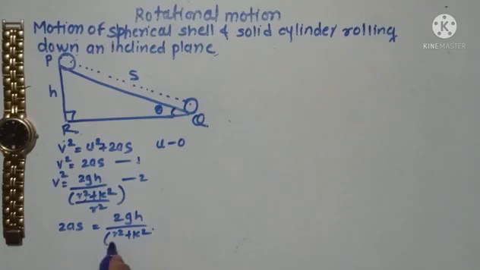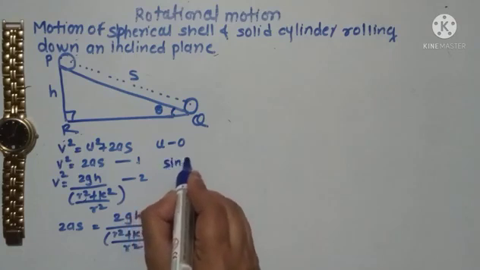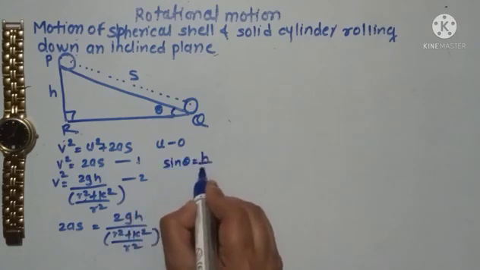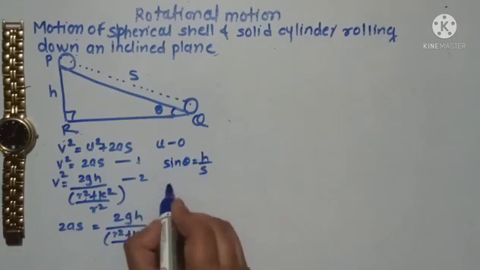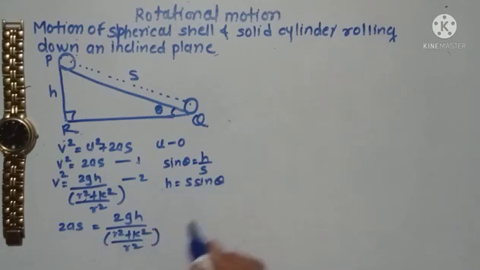Now by using trigonometry in this triangle, we can write sine theta is equal to h upon s, or h is equal to s sine theta.